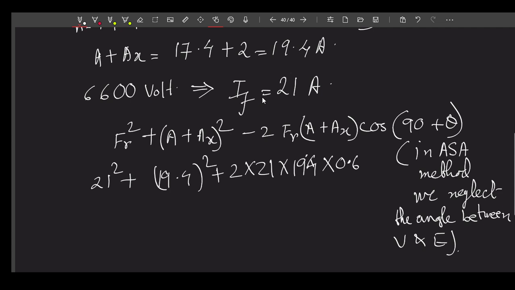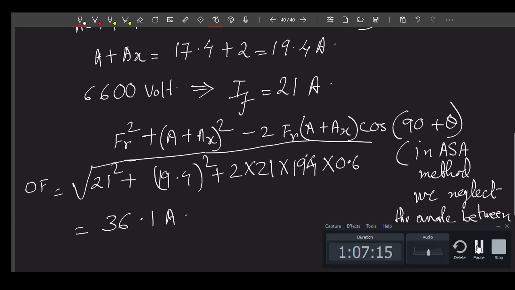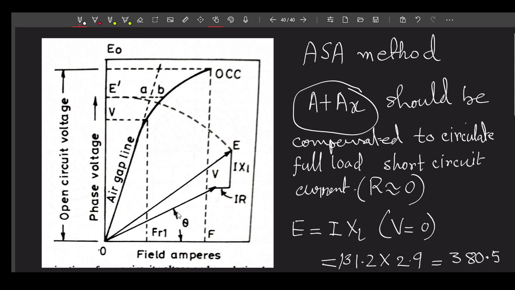You will get by taking the square root of this, right. So for this 36.1 ampere, we need to figure out what the voltage is.